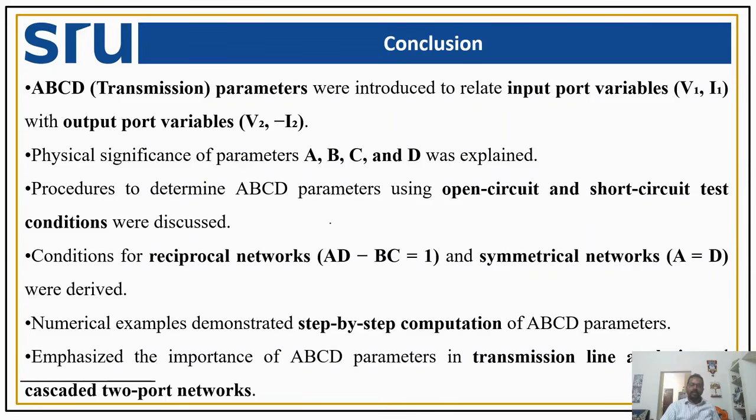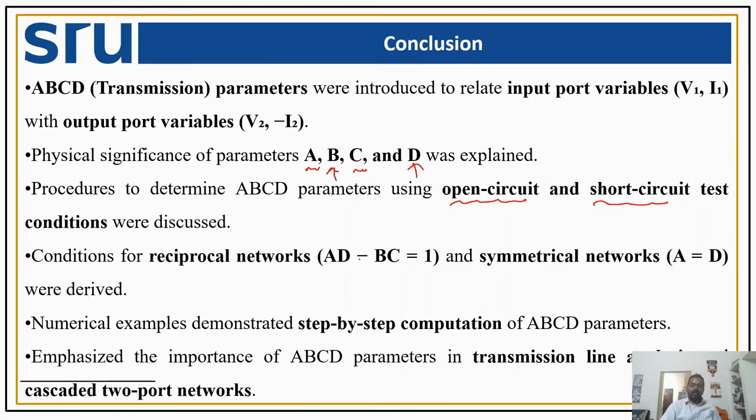Next we have seen how to find these ABCD parameters. We find the A and C parameters by performing the open circuit test, and the parameters B and D by the short circuit test. Both are on the second port because V2 and I2 are independent and V1 and I1 are dependent.